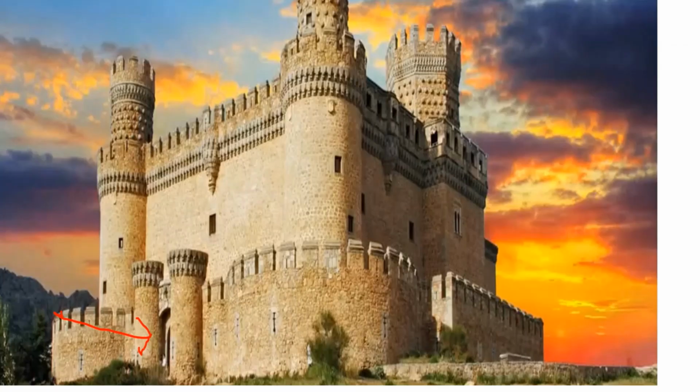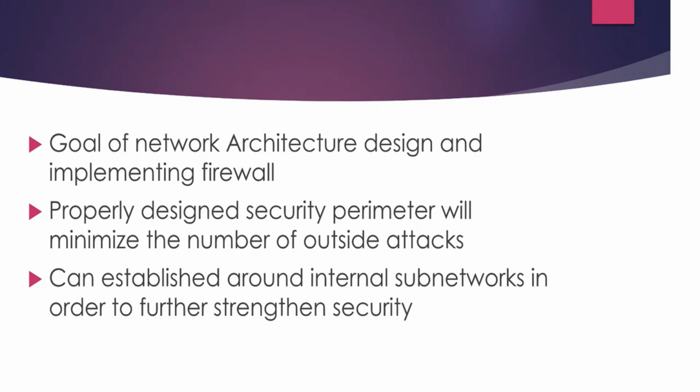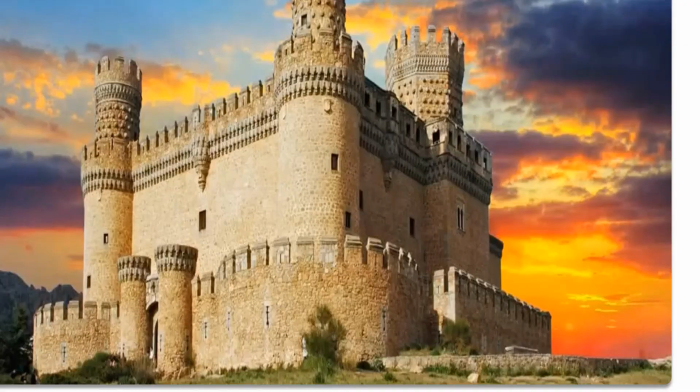And going back to the castle analogy, it would be much easier to defend a castle that has one gate rather than to defend it with many gates. A useful strategy for many businesses would be to establish multiple network security perimeters around internal subsets, and you can compare this to the castle analogy again, where it has multiple layers of gates and walls.